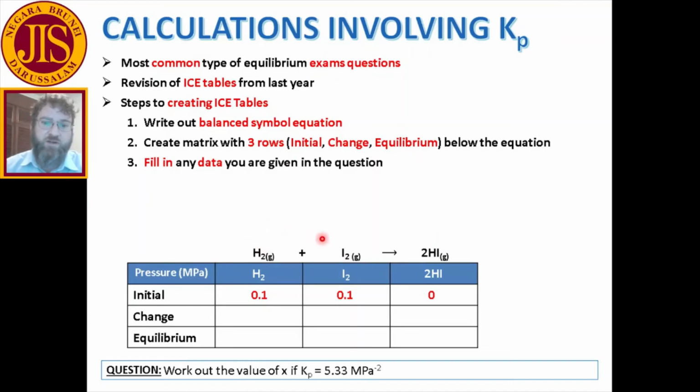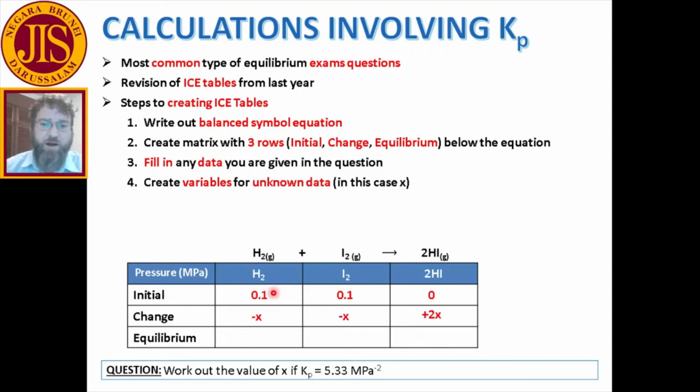So the ratio here is 1 to 1 to 2, which means that if we react 1 mole of hydrogen, you're going to also react 1 mole of iodine, and that's going to produce 2 moles of hydrogen iodide. So that would be looking something like that.